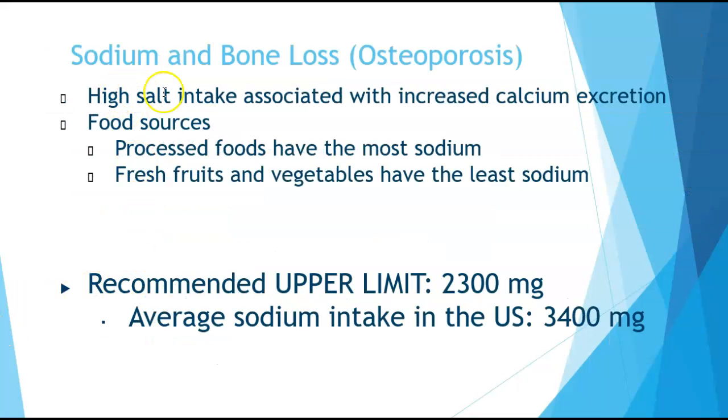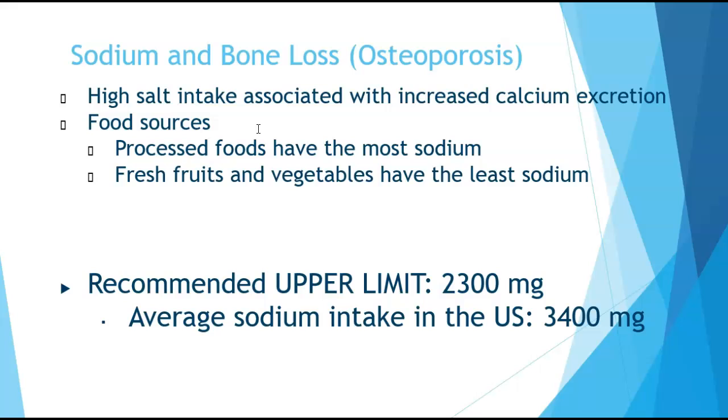I want to talk about sodium and bone loss. The more sodium you take in, the more your body excretes calcium. So a high sodium intake is associated with osteoporosis because you are excreting calcium. The other thing is that processed foods, like I just said, have the most sodium, and unprocessed foods, like fresh fruits and vegetables, have the least amount of sodium.